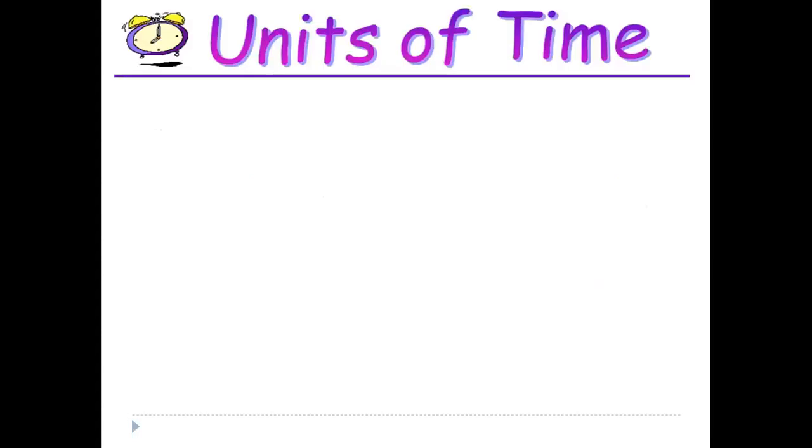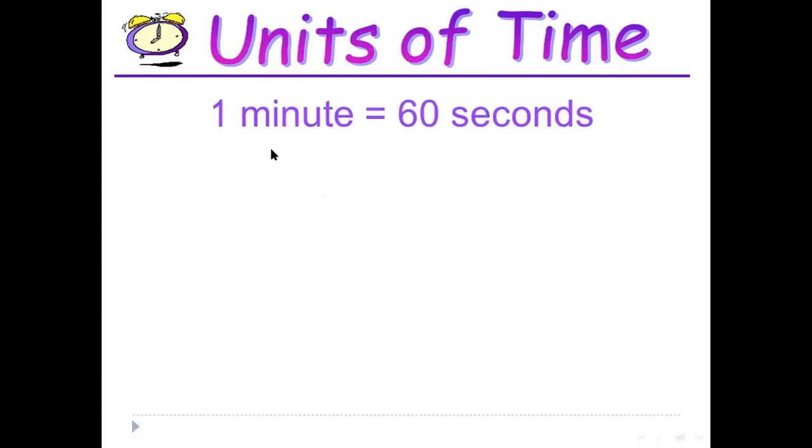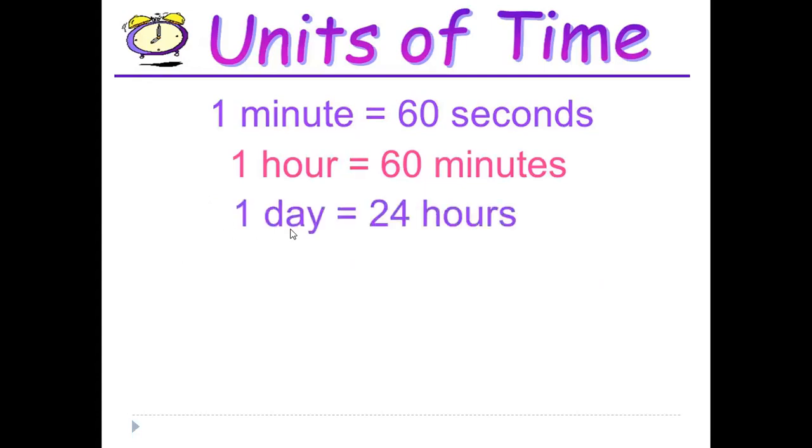So let's start now. First, let's discuss together the units of time that we know. We already know in 1 minute, we have 60 seconds. In 1 hour, we have 60 minutes. In 1 day, we have 24 hours.